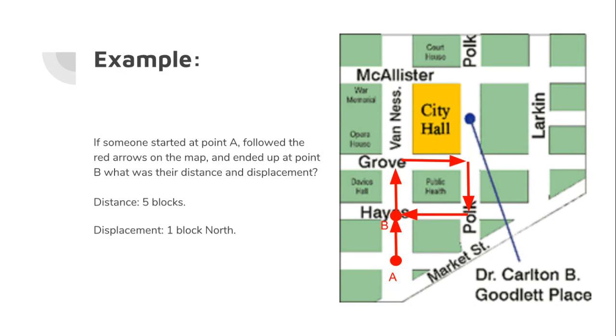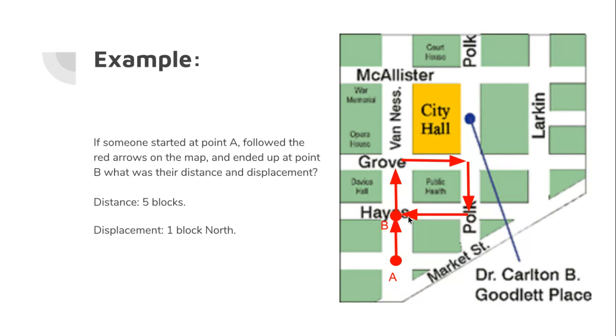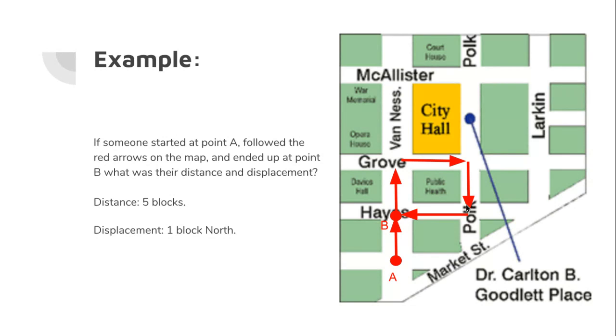So for example, say someone started at point A here on this map, and they followed the red arrows. Maybe they're just out for a nice Sunday walk. And it asks you to calculate their distance and displacement. So if we start at A, you can see they went one block to the north, one block to the north, one block to the east, one block south, one block back west.